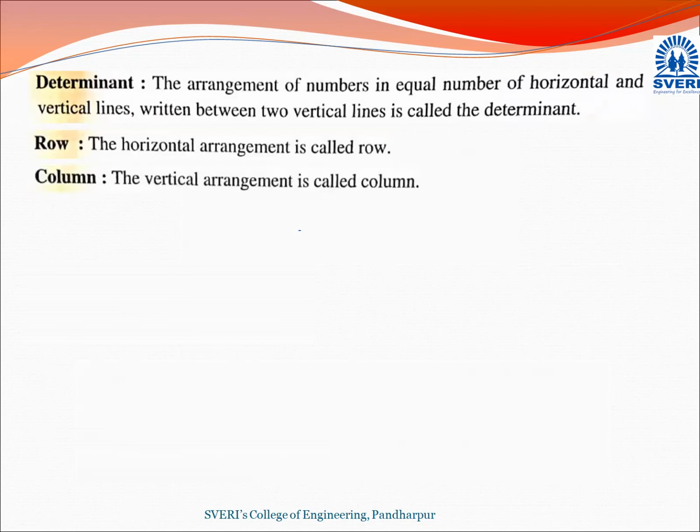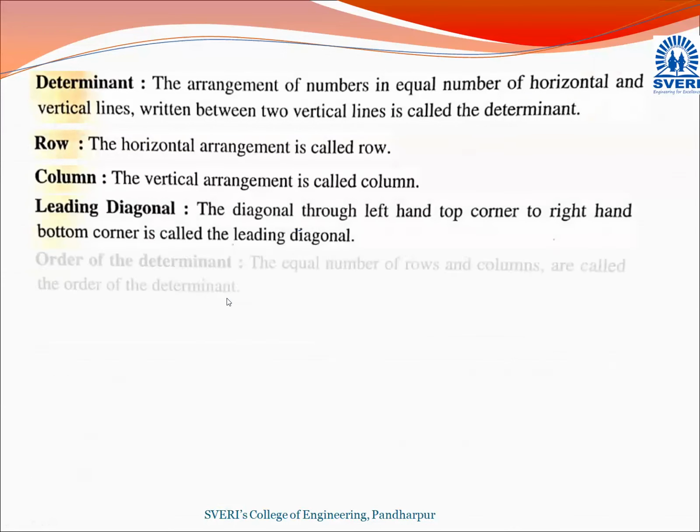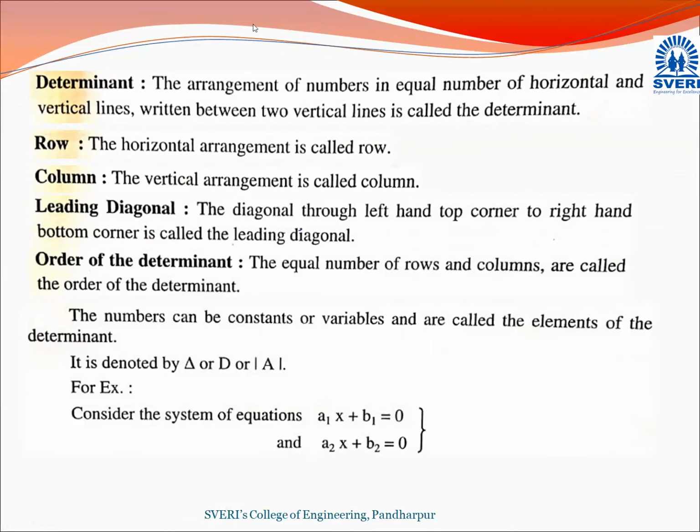Now we are going to find the determinant. The arrangement of numbers in an equal number of horizontal and vertical lines, written between 2 vertical lines, is called a determinant. Suppose we have a matrix with elements a, b, c, then d, e, f.